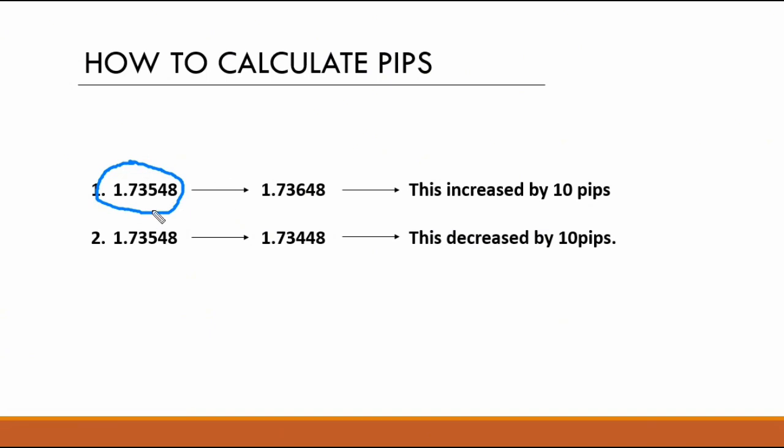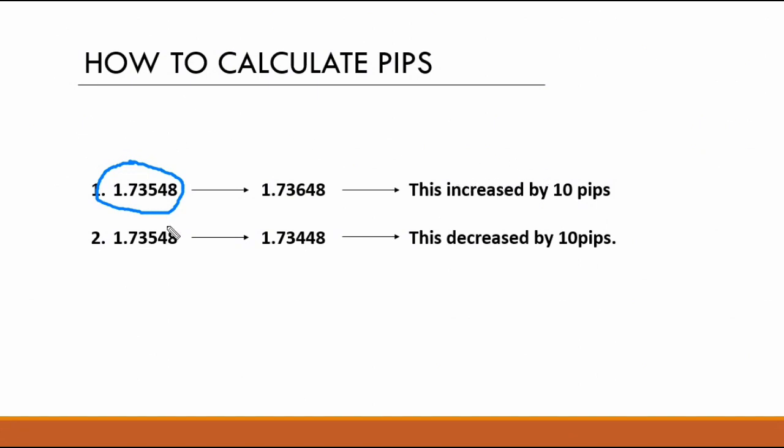Now, if this price moves up to this price over here, which is the numbers after the decimal, 73648, then it means price has increased by 10 pips. That's the scenario if price moves up in that manner.